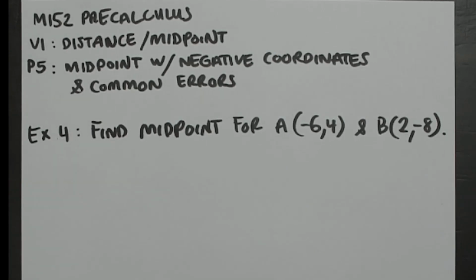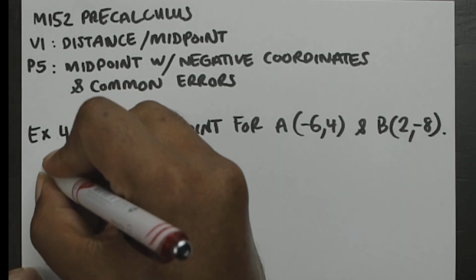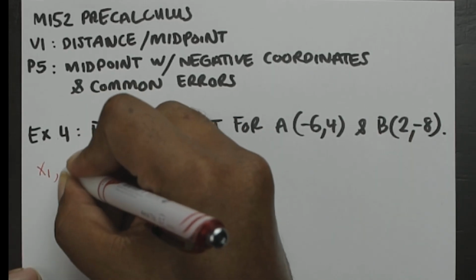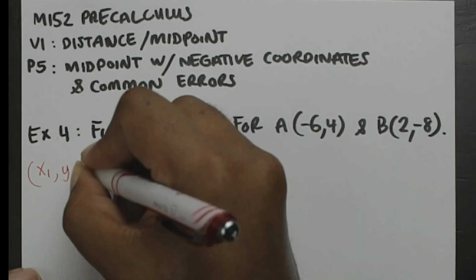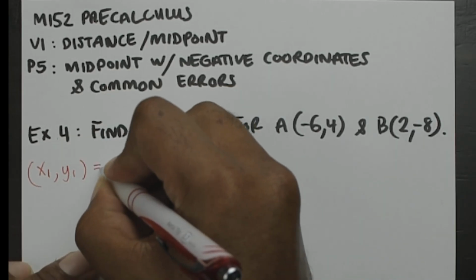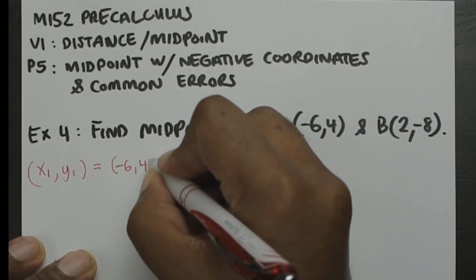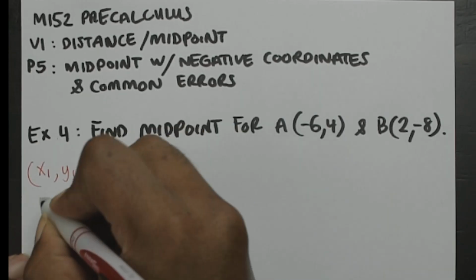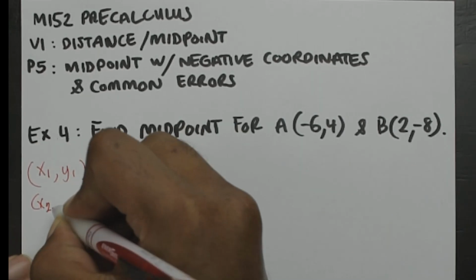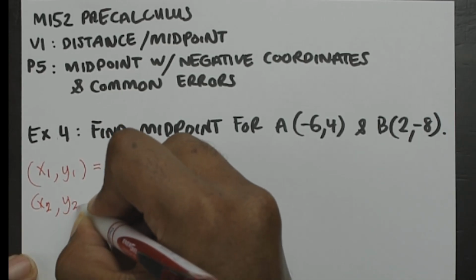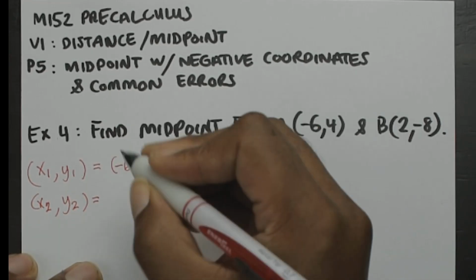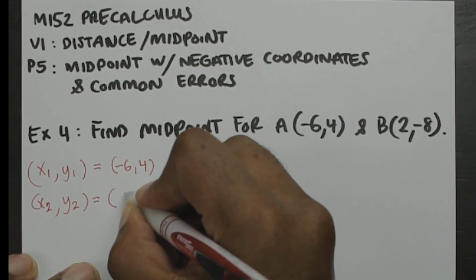Okay. So first, let's identify the coordinates. We have x sub 1, y sub 1, and that is -6, 4. We also have x sub 2 and y sub 2, and that equals (2, -8).